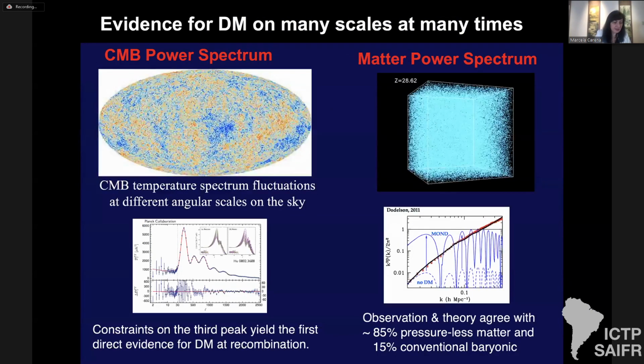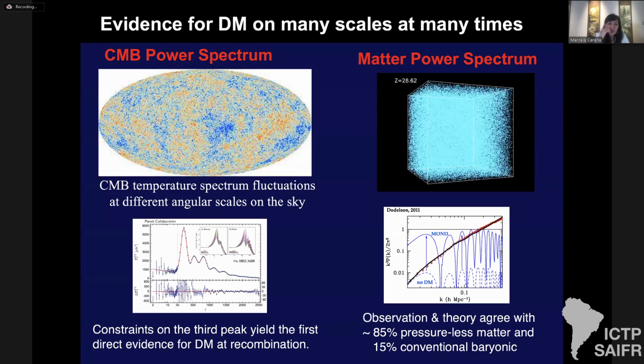So finally, we can look at larger redshifts. For example, the cosmic microwave background, which was emitted 370,000 years ago, and there we see things when the temperature of our universe was about 0.3 electron volt and atoms became stable for the first time.